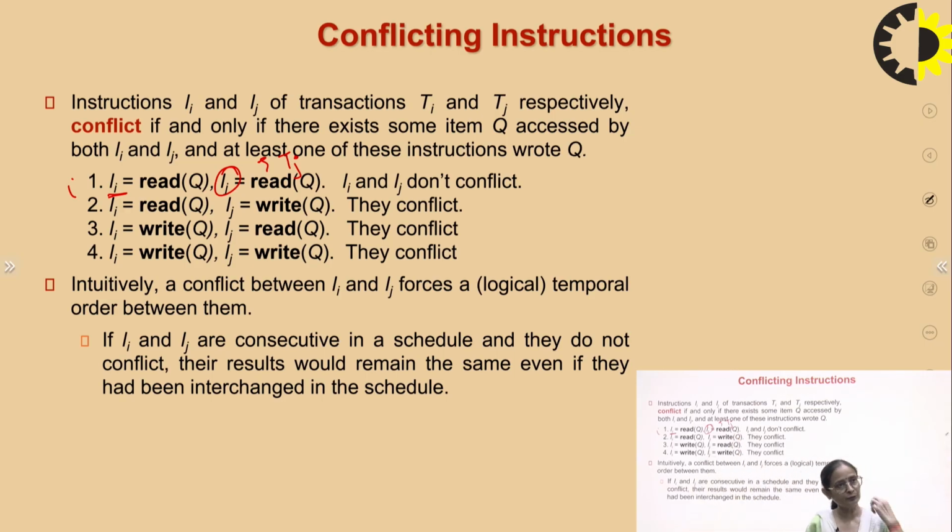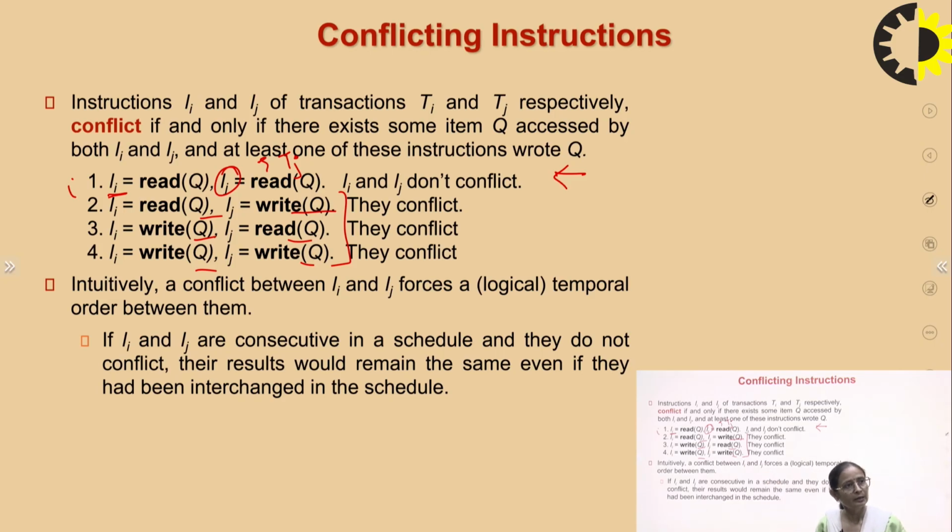The very first combination is that in transaction Ti you are reading Q, and Tj comes and also wants to read the Q value. In that case Ii and Ij do not conflict. Whereas the other three, that is read-write, write-read, and write-write, are all conflicting.